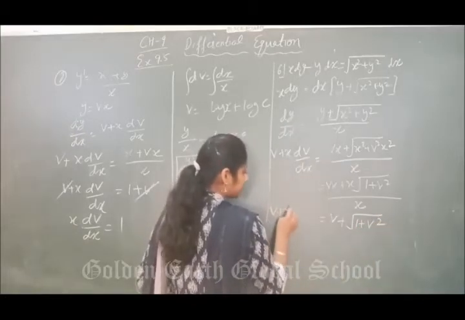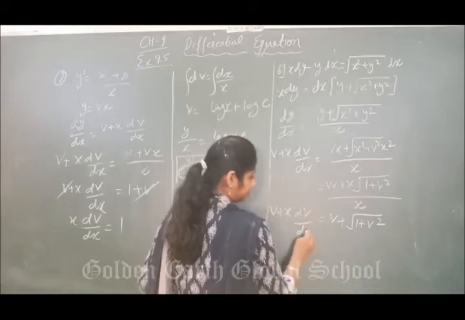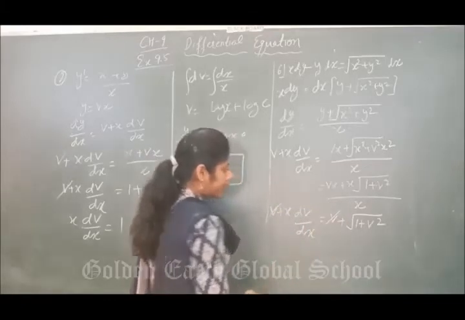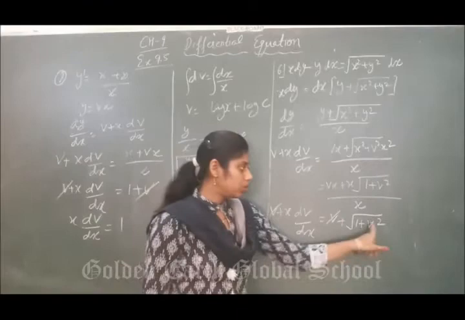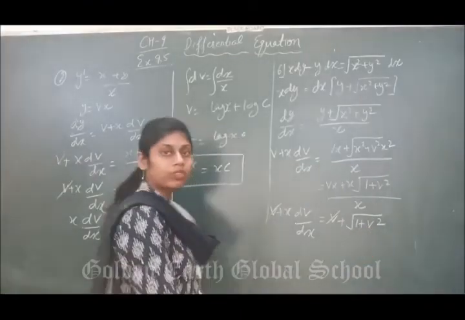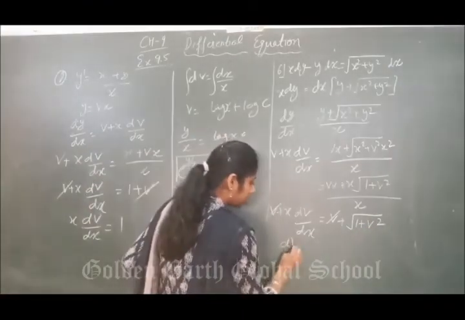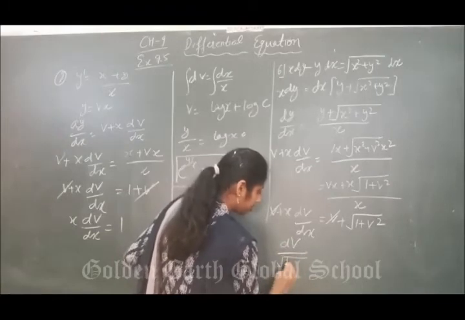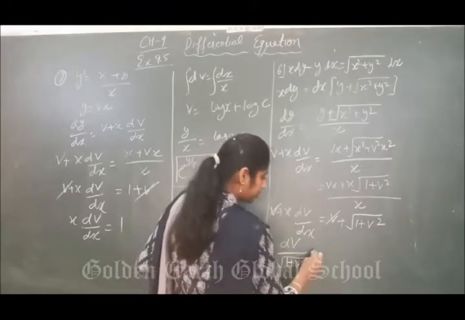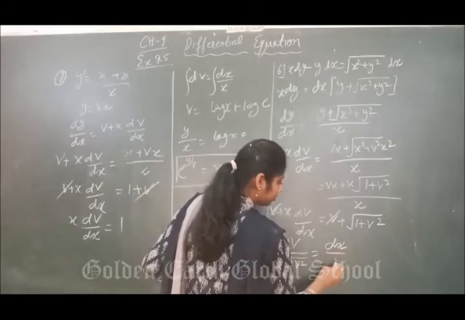So v will be cancelled. So x dv by dx is equal to square root of 1 plus v square. Now we can separate the variables: dv upon square root of 1 plus v square is equal to dx upon x.